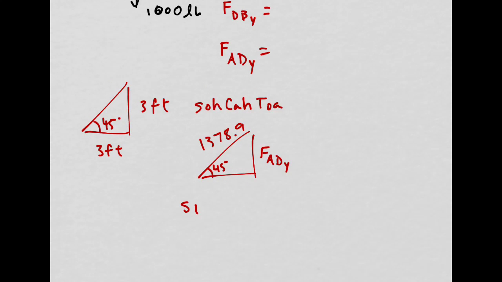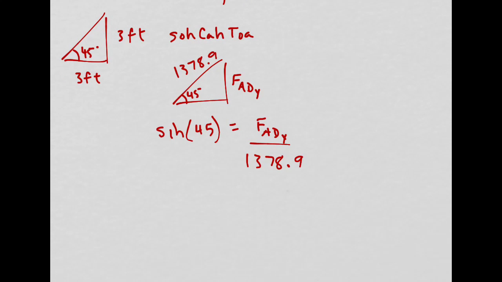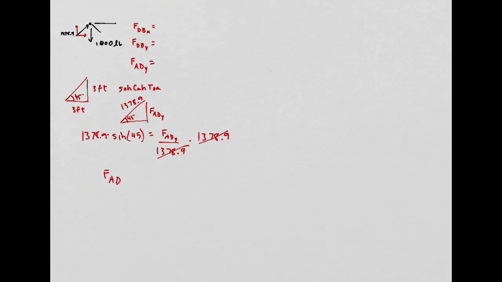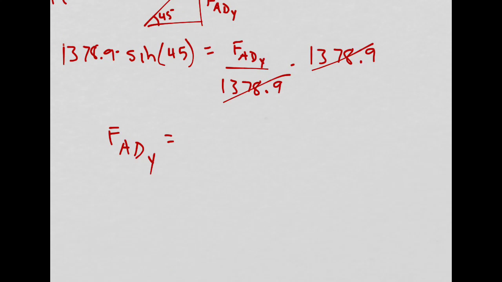So I'll do sine of 45 equals F_AD,y divided by 1,378.9, multiply both sides by 1,378.9 to get rid of that. And then the force of AD, that's AD, correct? Yes. The force of AD in the y direction will be in the positive y direction.